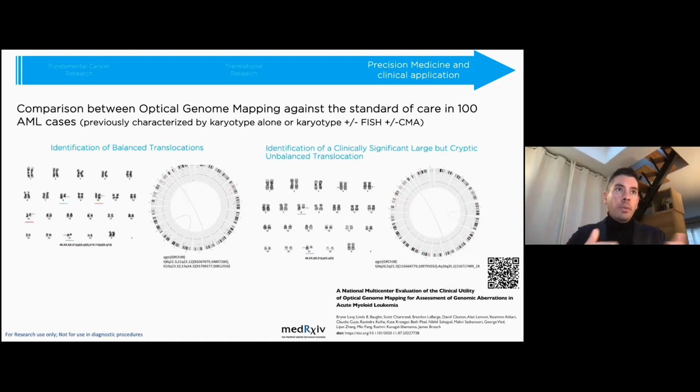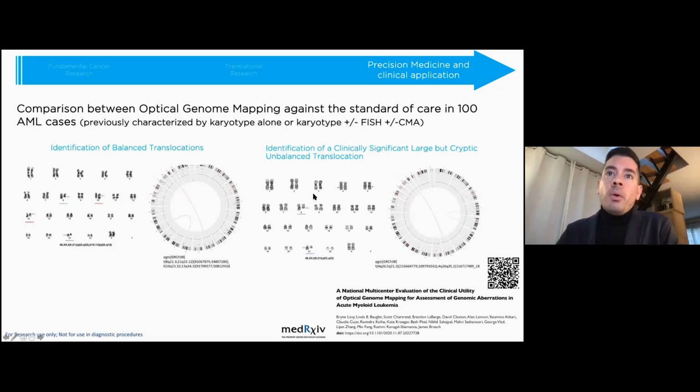So it showed the ability to identify balanced events like balanced translocations that you can see here from the karyotype between chromosome 10 and 13 and 8 and 21, that would be represented by these lines over there and between these chromosomes here and there. But it also showed the potential to identify cryptic events that were missed by karyotyping.